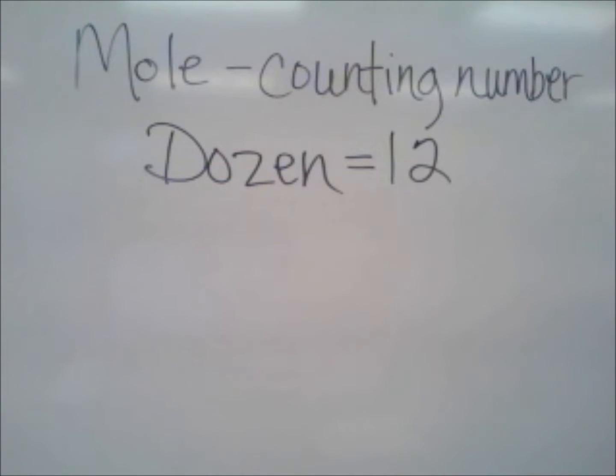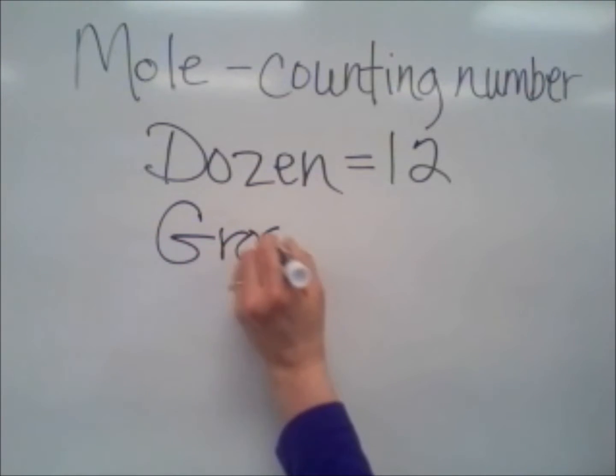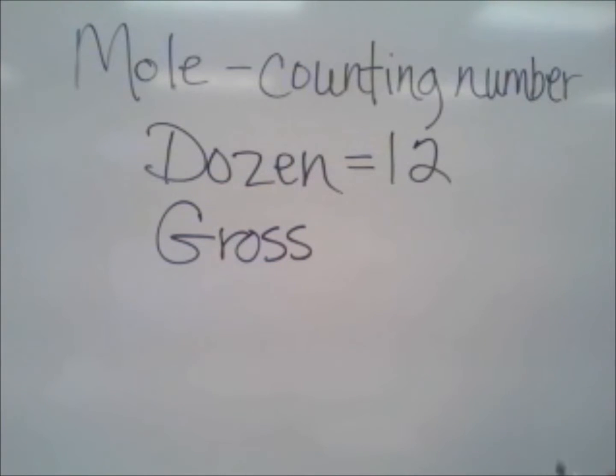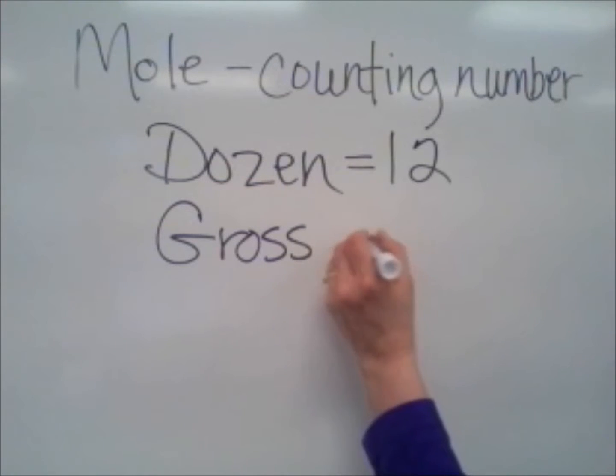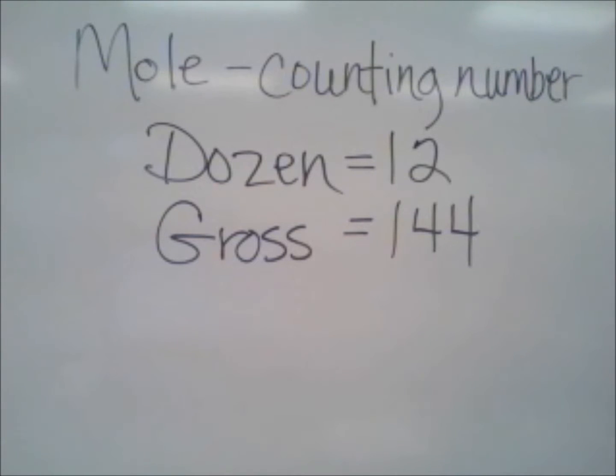If I wanted more than a dozen of eggs, I could actually order a gross of eggs. Once in a while, we buy pencils by the gross around here. And so if I get a gross of pencils, that is 144 pencils. Or if it's eggs, it's 144 eggs.